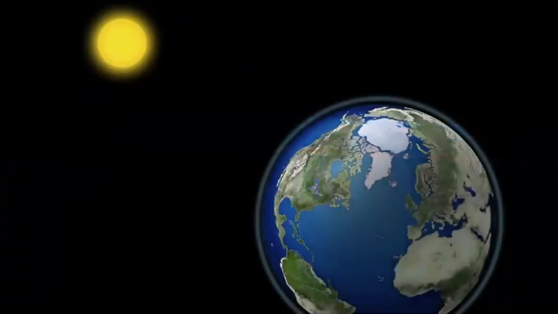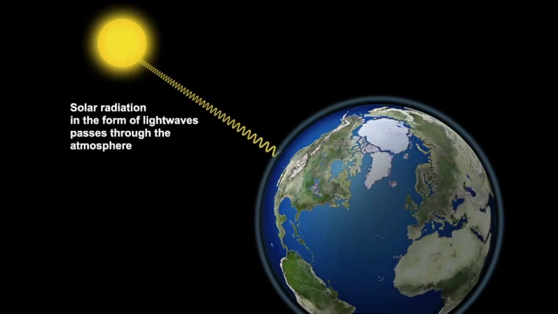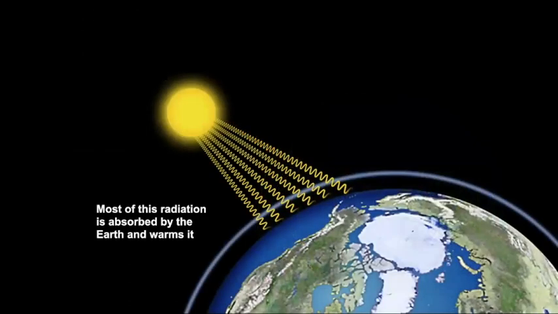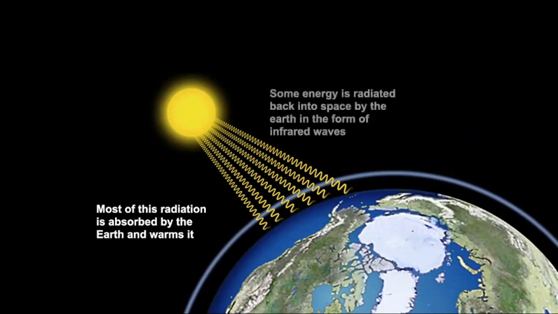So we're going to go back to our science lessons and examine the relationship of planet Earth with the sun. So we have the solar radiation in the form of light waves that passes through the atmosphere and reaches the planet. Now, most of the radiation is absorbed by the Earth and it warms the Earth. It passes through the atmosphere, as you can see there, and it warms the Earth.